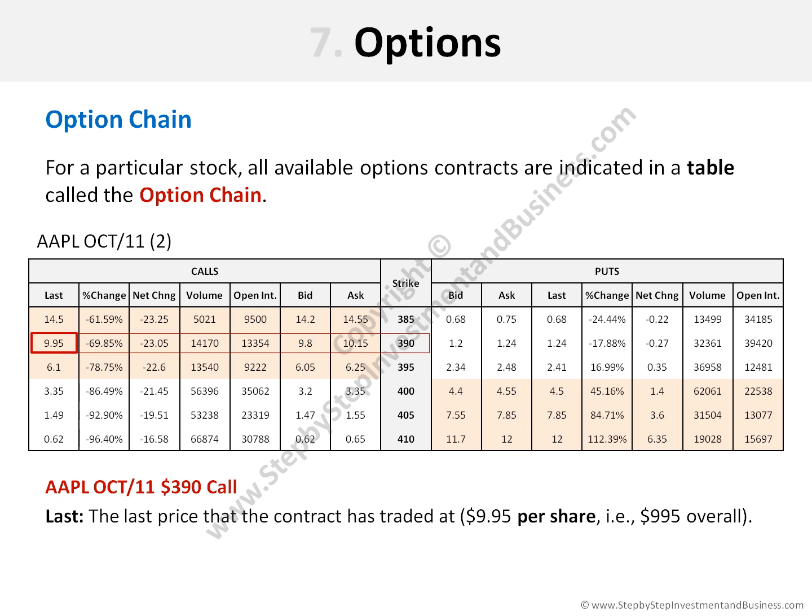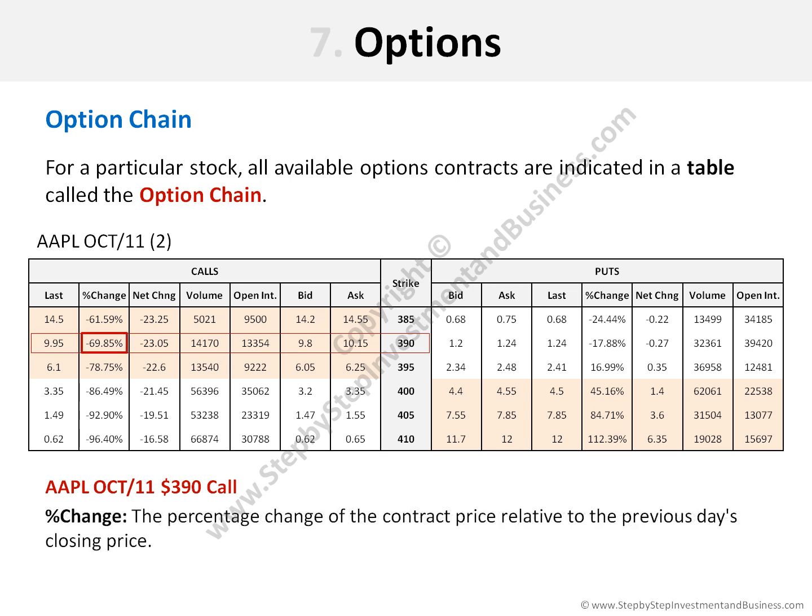The first column indicates the last, which is the last price, that is, the last premium that the contract has traded at, in this case $9.95 per share. That is $995 overall, as each contract represents 100 shares.